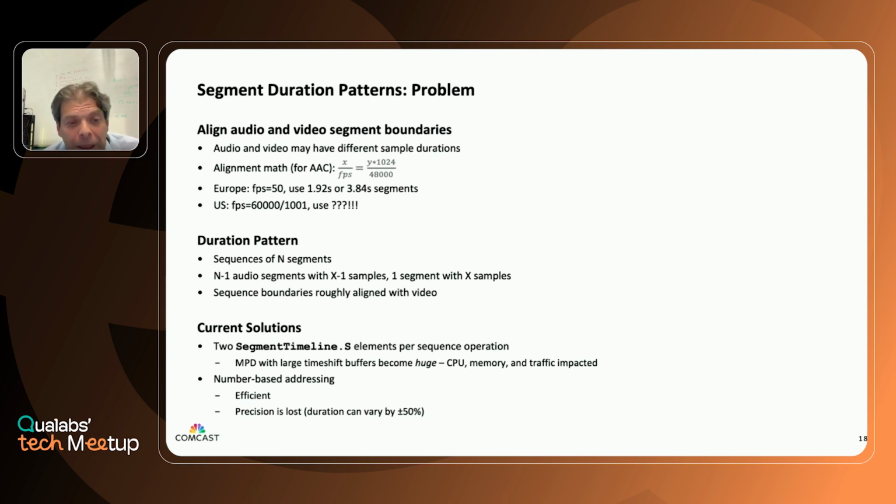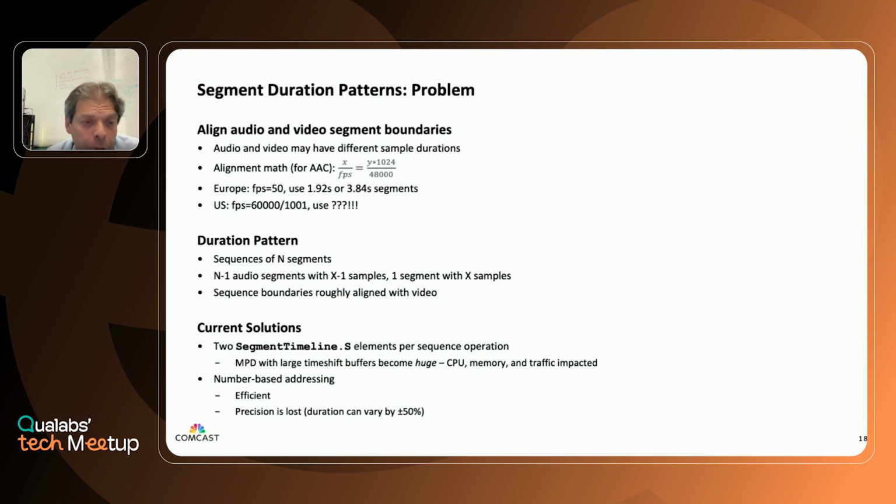The problem is you're repeating this, let's say, every 12 segments. If you have a 1 hour MPD, this becomes huge, and huge means traffic, but mostly it means CPU. How much time does it take you to parse on crappy TVs? How much memory do you need to store this monstrosity?